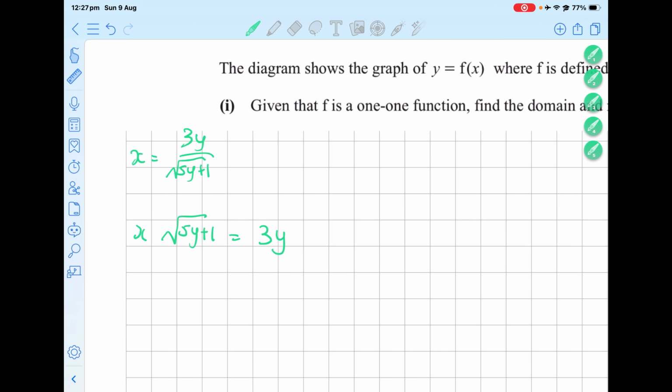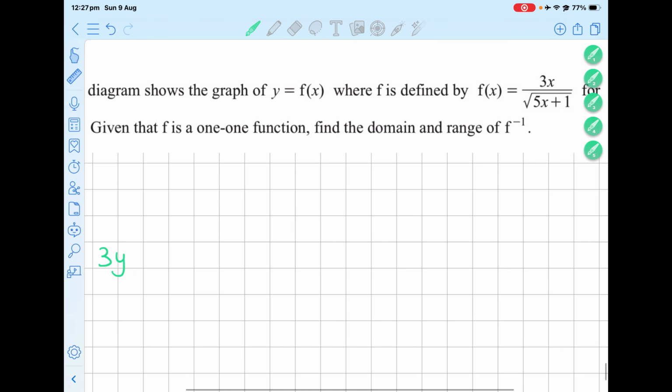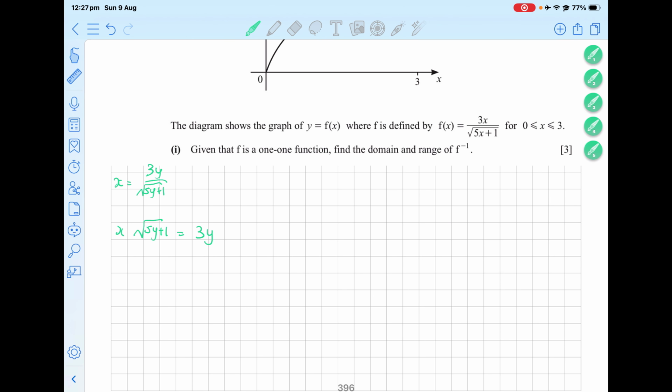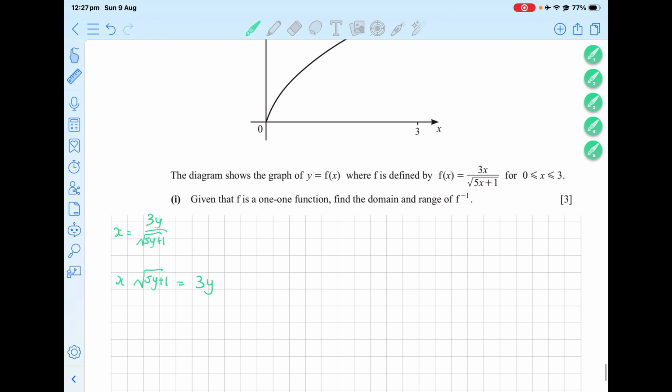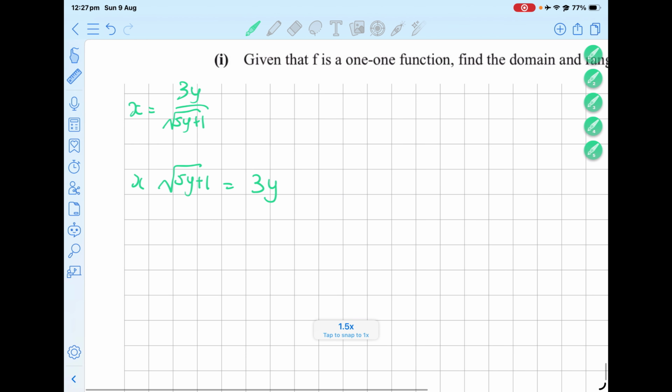Now if you observe something, f of x was 1 to 1, but it's a composite function. So we have one function and then we have another function. So this is a bit tricky to solve. Why? Because we need to have all the y's.